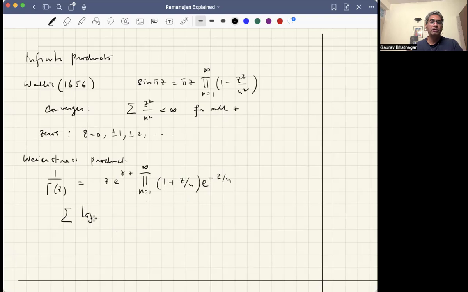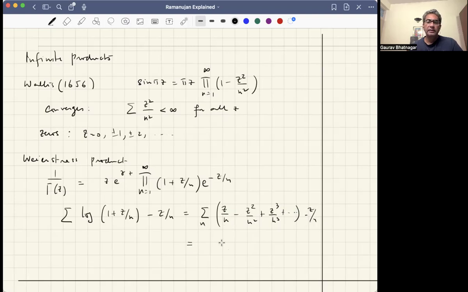So we consider the log of this product. We can ignore these terms maybe, and we take the log, which is z by n minus z square by n square plus z cubed by n cubed, and so on, and minus z by n.